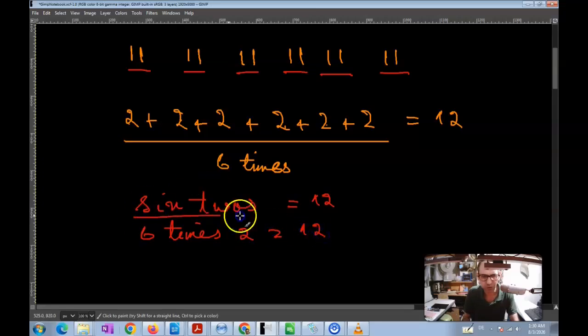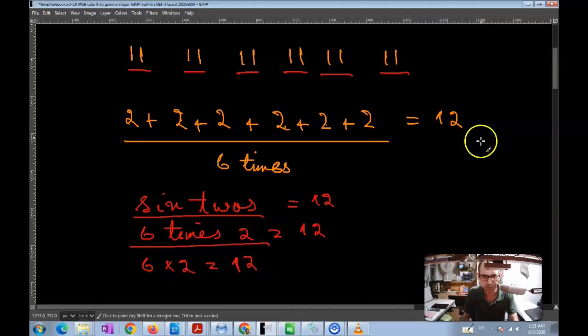This is just 6 2's, or 6 times 2, another way of writing this addition over here. And instead of writing the word times, we can write 6 times 2 is equal to 12, right? So we know that now 6 times 2 is equal to 12.